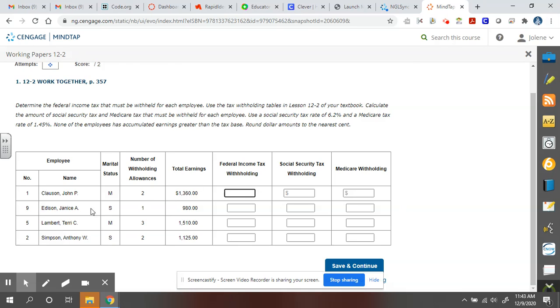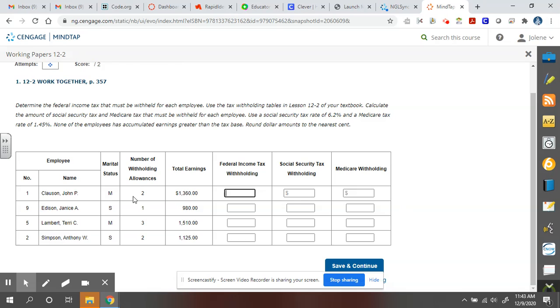Okay, so for this exercise, we're finding out how much their federal income tax withholding is for each one of these employees, and it's based off of their total earnings. So John is married, so I'm going to page 354 for the chart that's there.